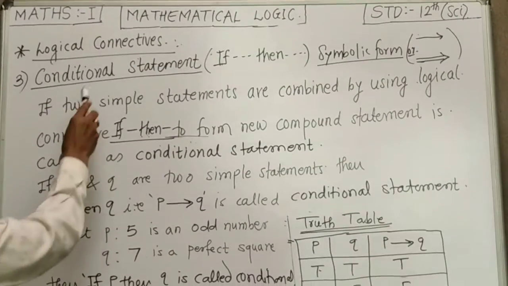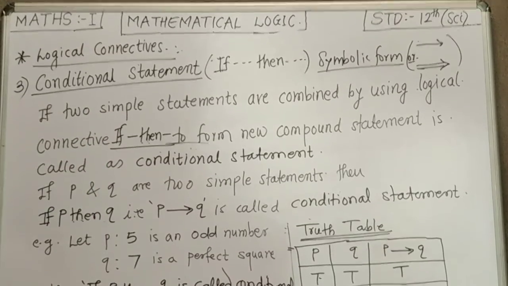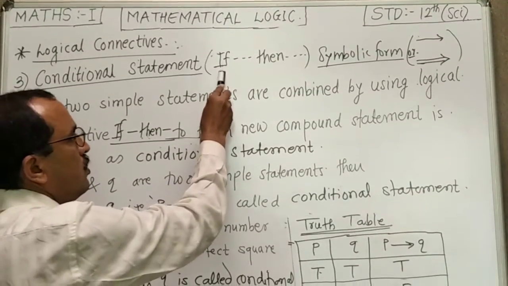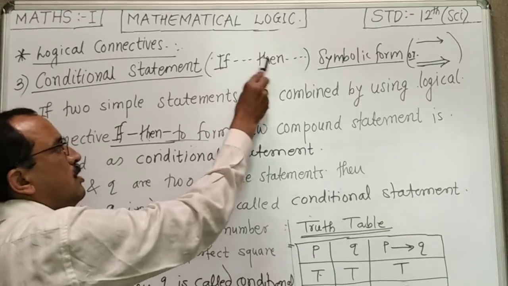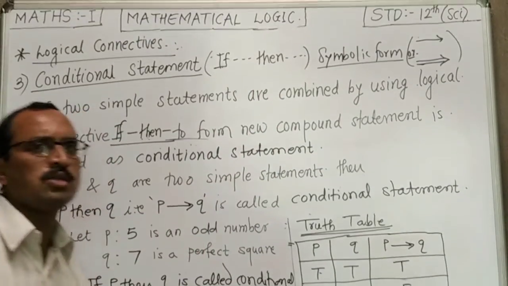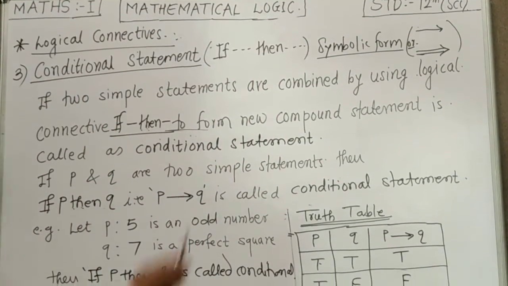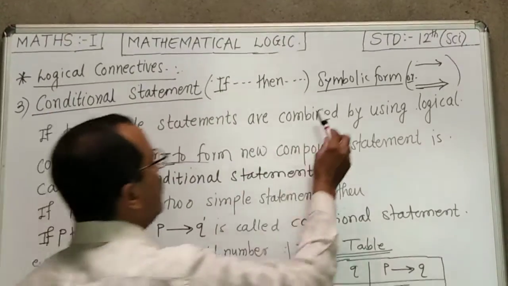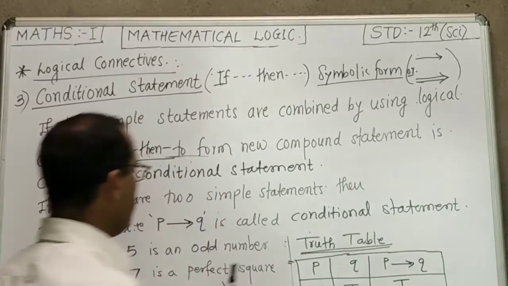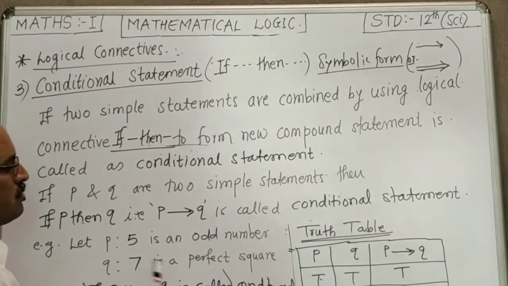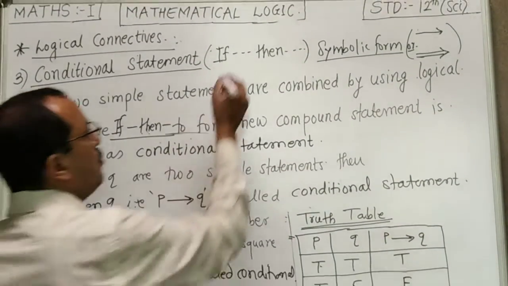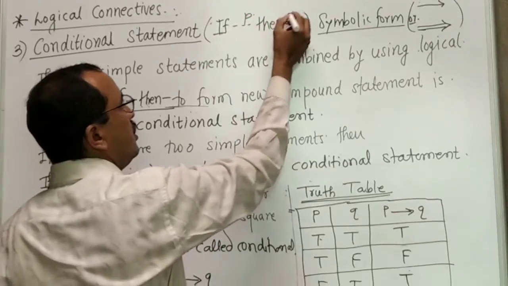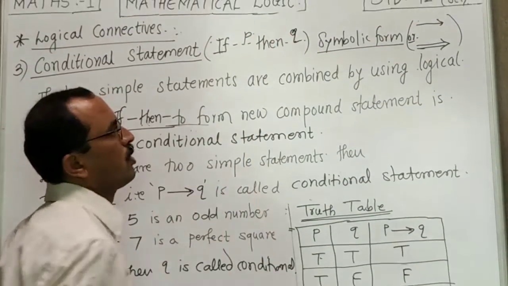In this statement, we write "if" and one statement, after "then" we write another statement. So if P then Q is denoted by P implies Q.